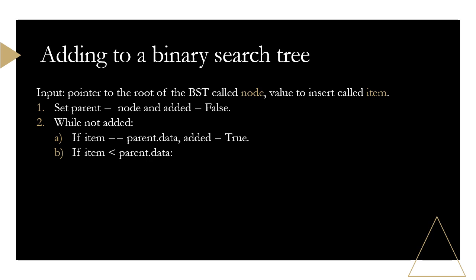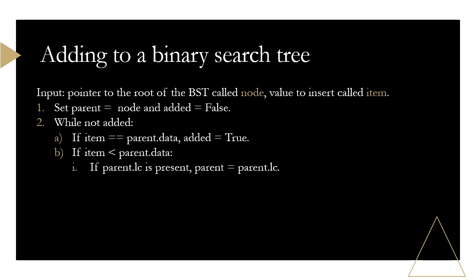The second part of this while loop deals with the condition when item is less than parent.data. Data in the node that is given to us is greater and the item value is less. Now we check for the left child.